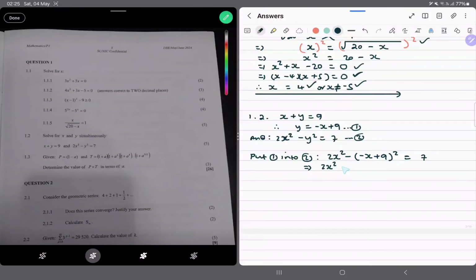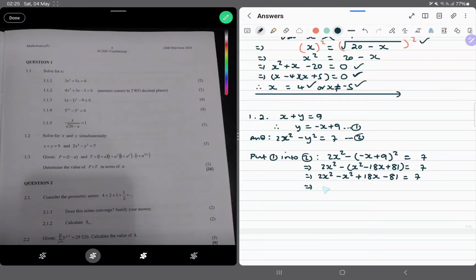This is 2x squared minus, we FOIL this out, it becomes x squared minus 18x plus 81 is equal to 7. 2x squared minus x squared plus 18x minus 81 is equal to 7.